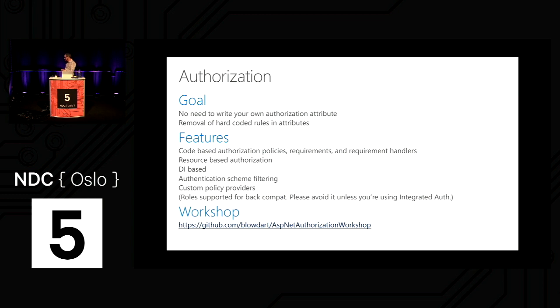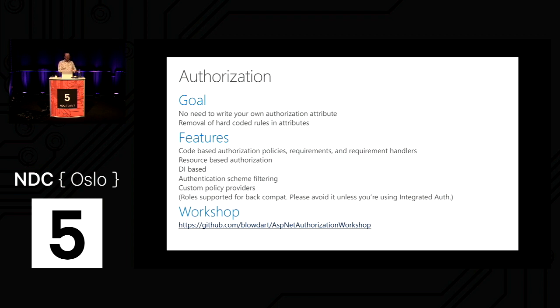So when we moved to Core, I got to design an entire feature. And my entire feature was, I no longer want you to write custom authorization attributes because it's horrible and it sucks and it goes wrong. So we changed stuff a lot.